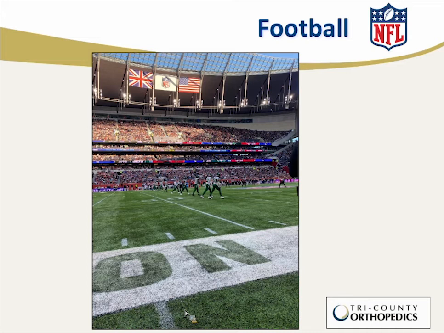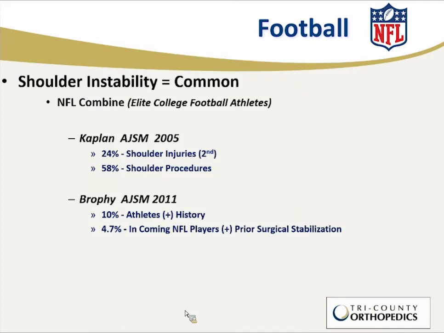And depending on the position, age of the patient, and other circumstances, there really are different ways to treat it. So we're going to focus a little bit on football as the topic for collision and contact athletes, but it does apply to other sports as well.